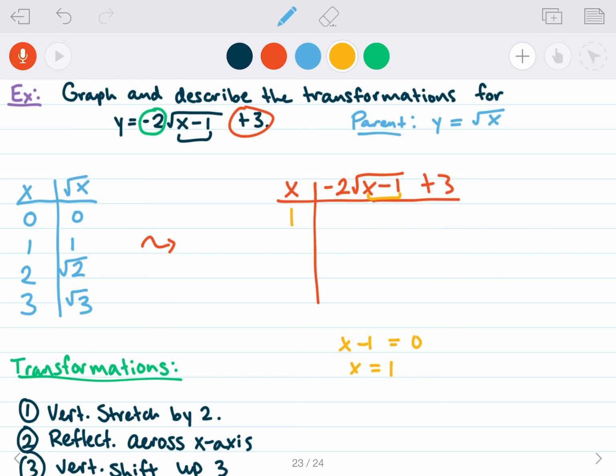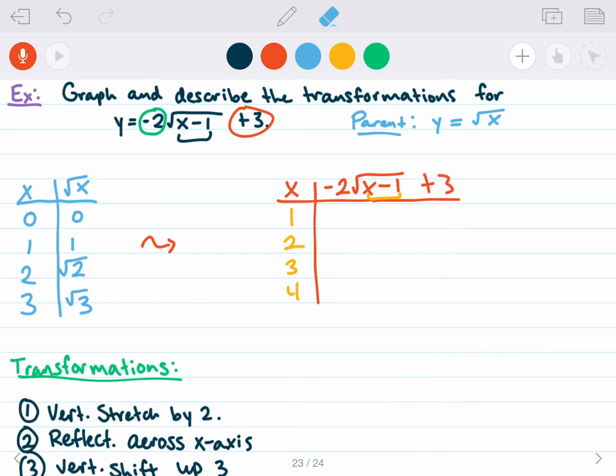Okay, next one, x minus 1 equals 1. Solve for x equals 2. X minus 1 equals 2, so x equals 3. And you guys can see where this is going. The next one should be 4. So that's what my new x values are. So set the argument equal to each of the x values and solve for x.